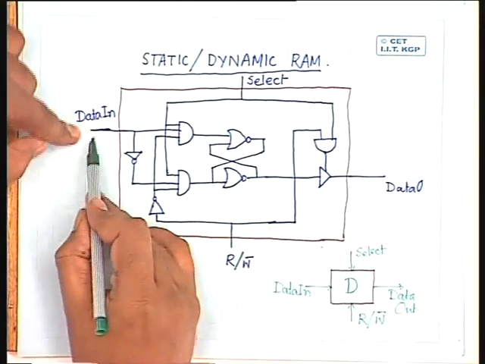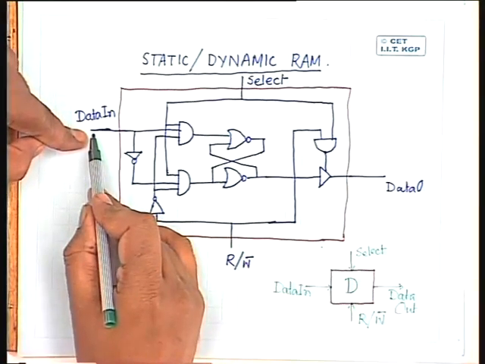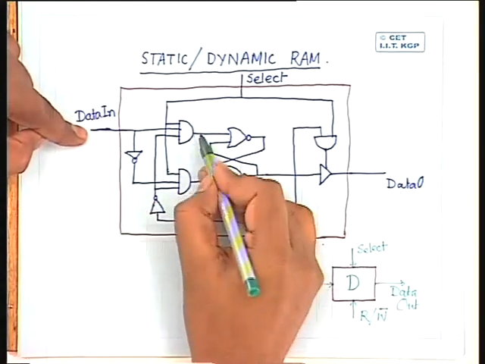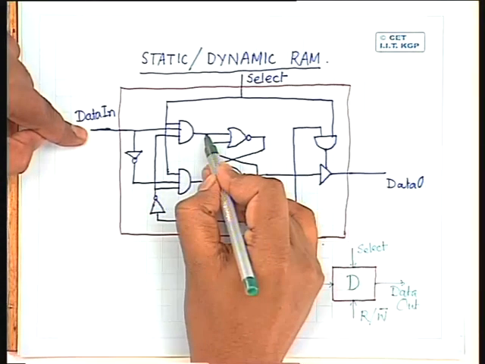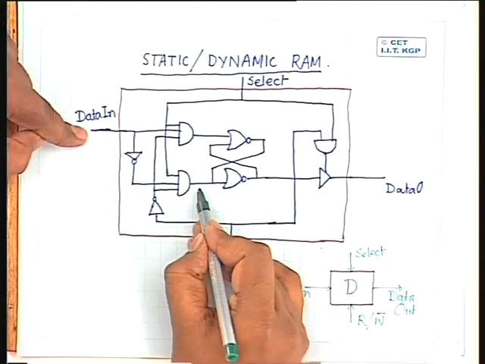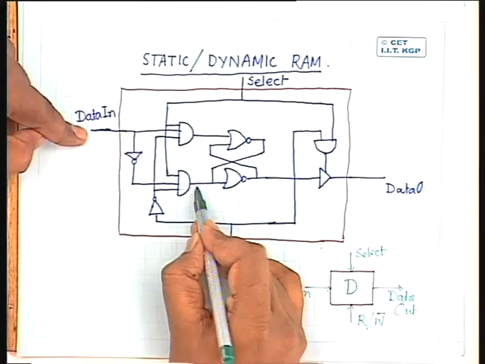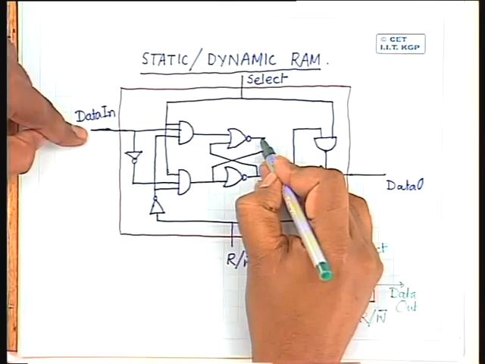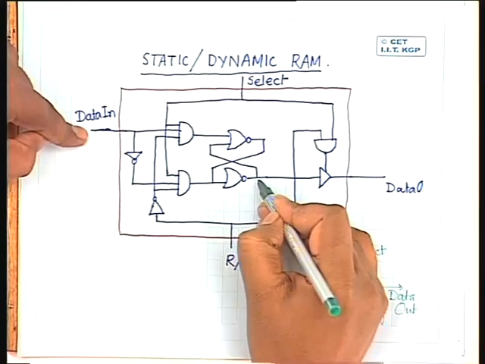In such case, whatever you feed to the data input line, if this is 1, in that case this AND gate output will be 1. Second AND gate output will be 0. Right? So if this is 1, you find that this NOR gate output will be 0, this NOR gate output will be 1.